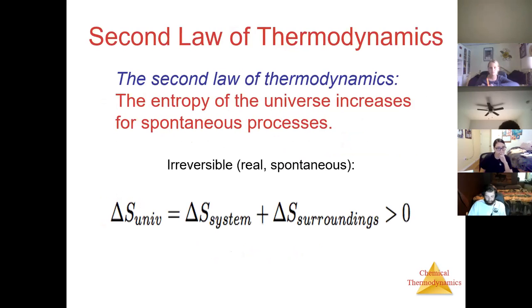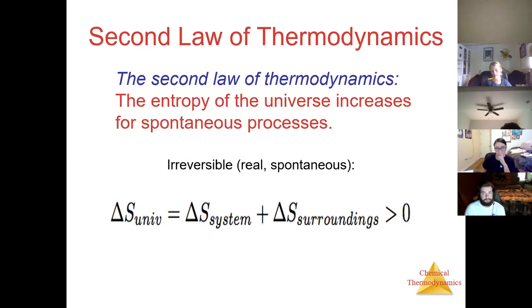Remember, the second law of thermodynamics stated the entropy of the universe increases for spontaneous, irreversible, real processes. Delta S is going to be positive. I need delta S universe to be positive in order for my reaction to be spontaneous.